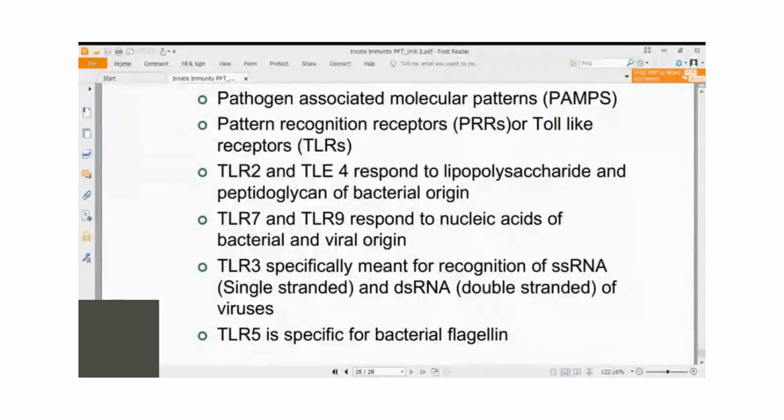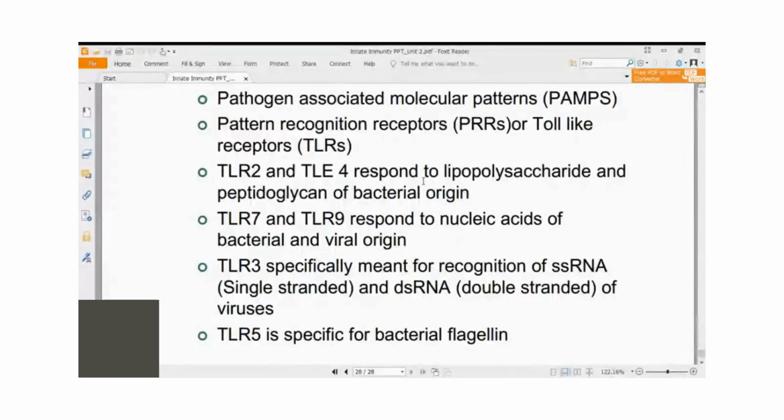That innate mechanism of protection is the third line of defense. And the extension of the third line of defense is acquired immunity.